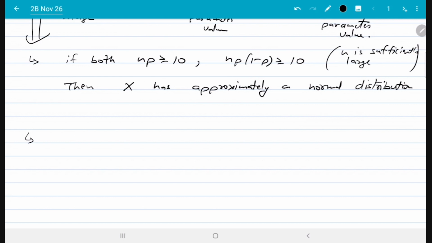Okay, so after this, it's relatively simple. We have a random variable which is normally distributed.